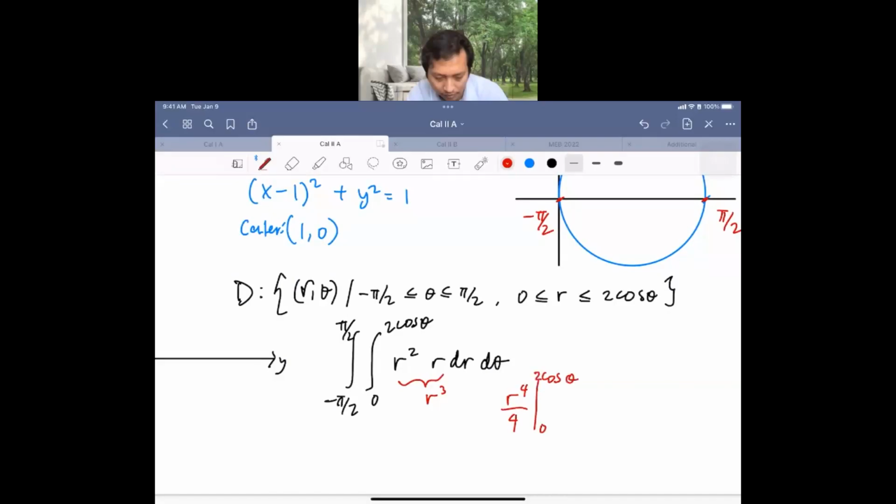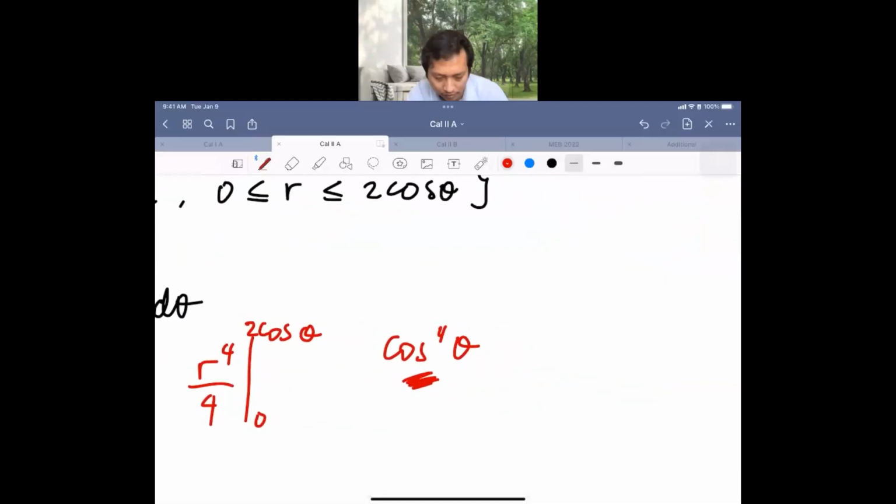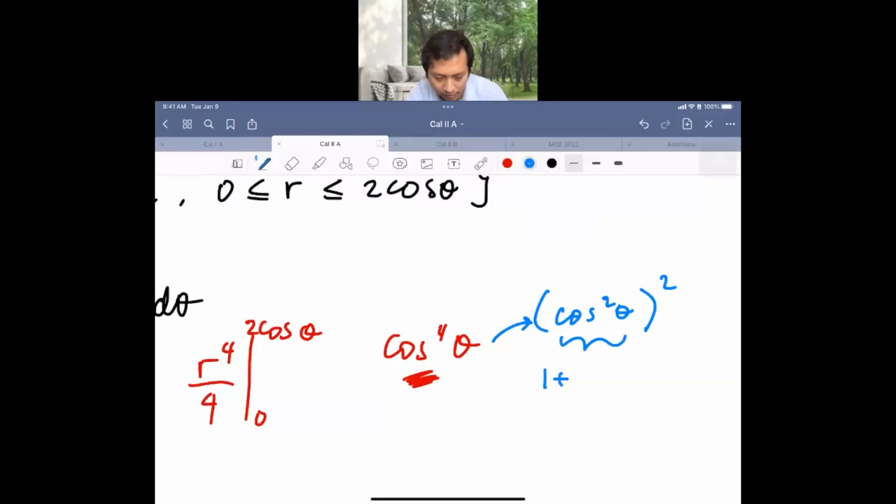I think it's still doable, although you could see that we have cosine with power of 4. What we can do here is imagine this cosine as cos squared theta, squared. We take the double angle formula, make it this, and then square, and then expand the formula.